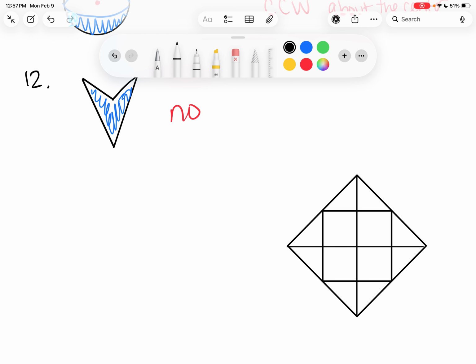Okay. I love these labels. All right, so we're going to be referencing this picture for these next few problems here for 13 through 19.